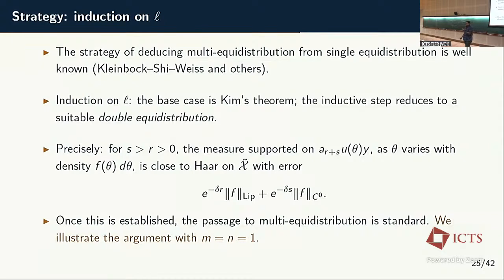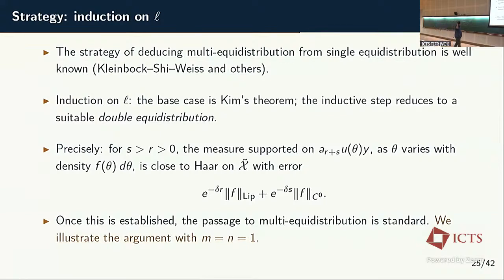But the existence of the spectral gap is enough for people like me to start the process of getting some deviation on average in these correlations. So the base case for us is Kim's theorem, the quantitative version of Nimish Shah's theorem. Once I convince you that I can go from this base step of Kim's theorem to double equidistribution, I'll be done.